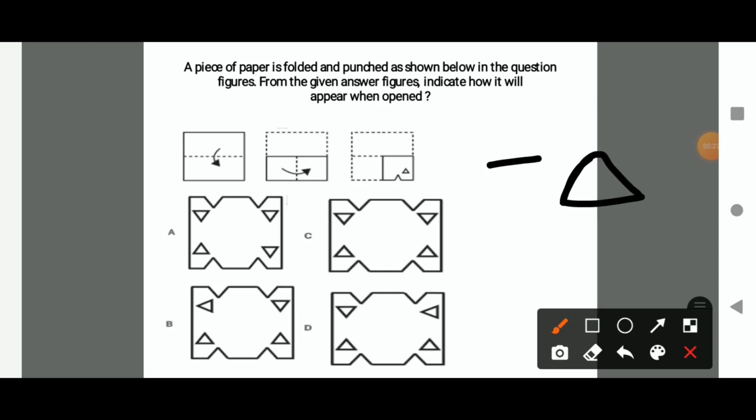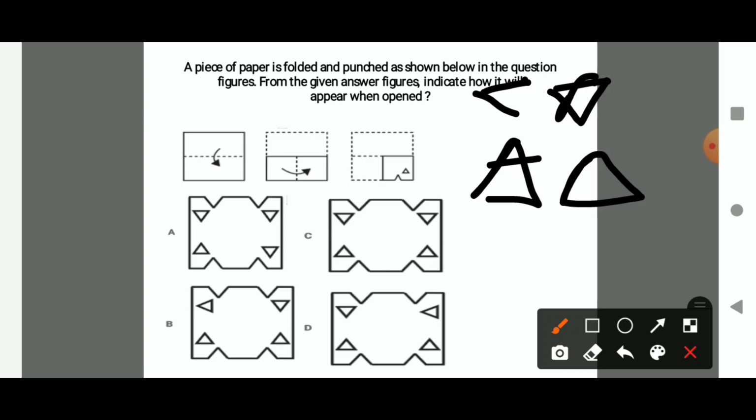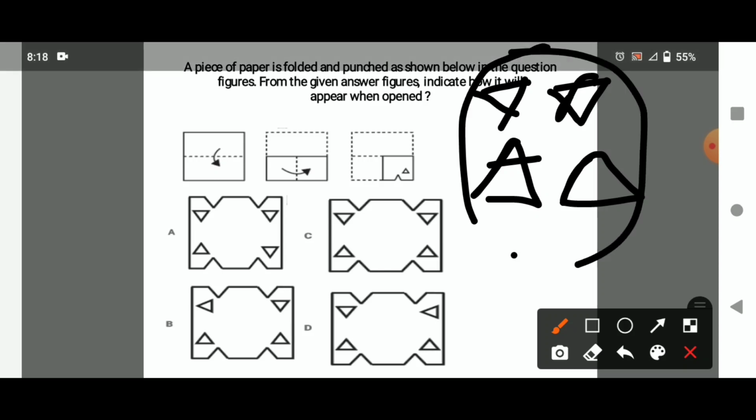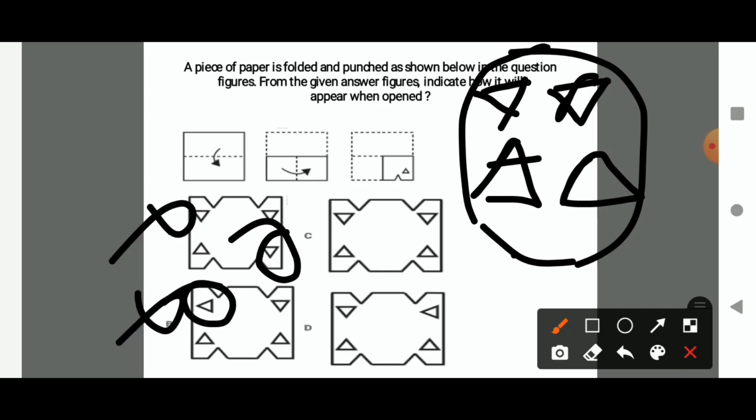So if you open it, this is like this, and the upper part is like this. This is the output. So where it was, so this one down, so option A will be eliminated. This is like this, so option A, this is also eliminated, so option C will be the correct answer to this question.